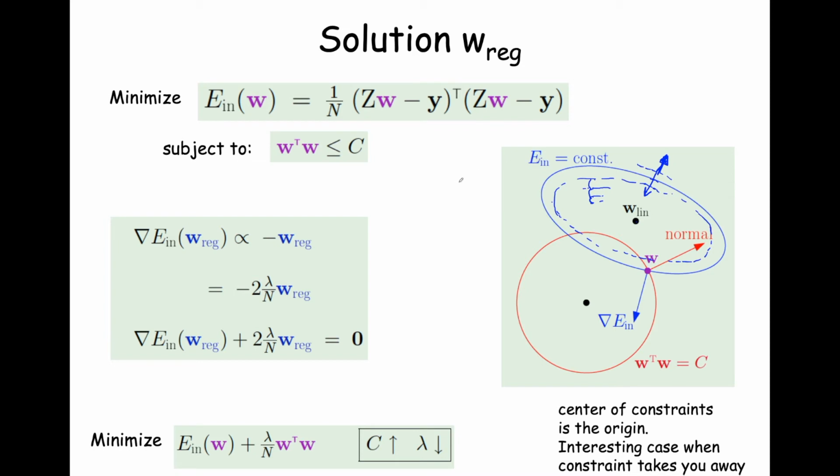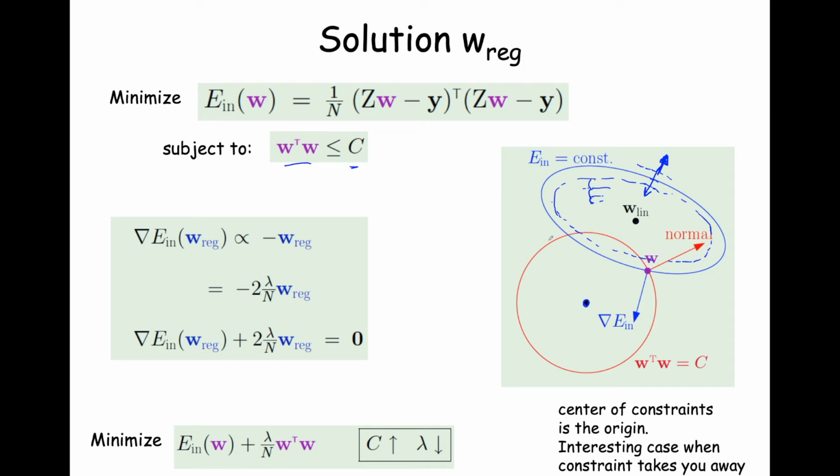Let's take a look at the constraint. You're not just going to choose any solution for EN. You're going to choose a solution for EN that also respects this constraint, subject to W transpose W is at most C. And so what does W transpose W equals 0 mean? W transpose W equals 0 is this point, but W transpose W, now you notice here, is a perfect circle, right?